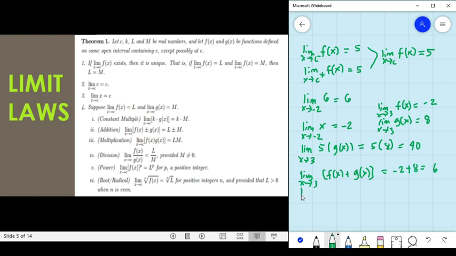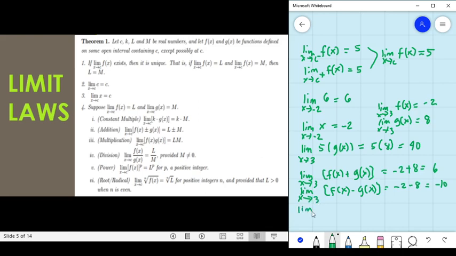And the limit of f(x) minus g(x) is equal to negative 2 minus 8, which is negative 10, as x approaches 3.